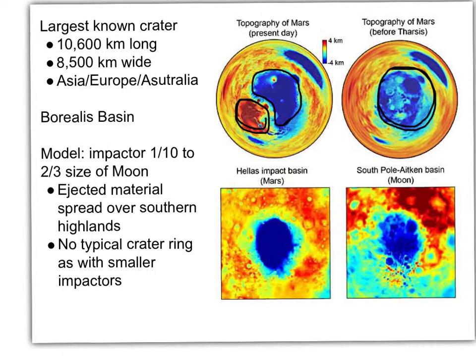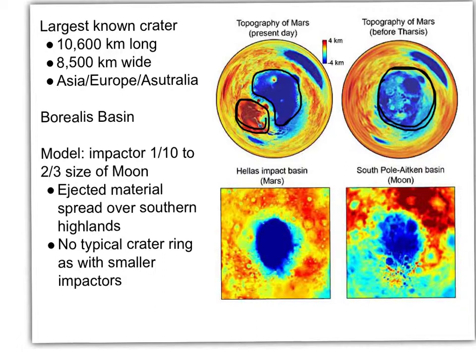Not really. If this were due to an impact, it would have been an impact slightly smaller than the impactor that smacked into the Earth to form the Moon. And clearly that impact had a big effect on the early Earth, probably changing its rotational speed.